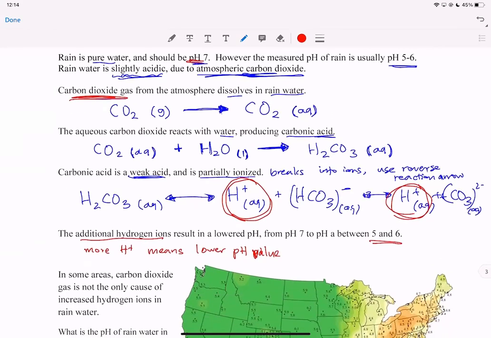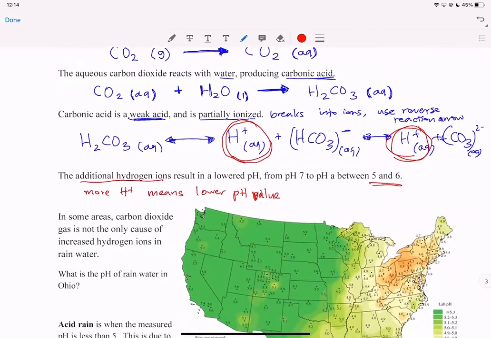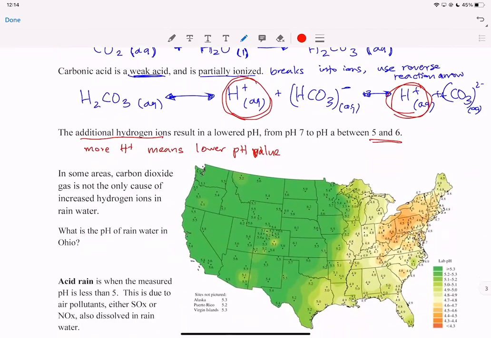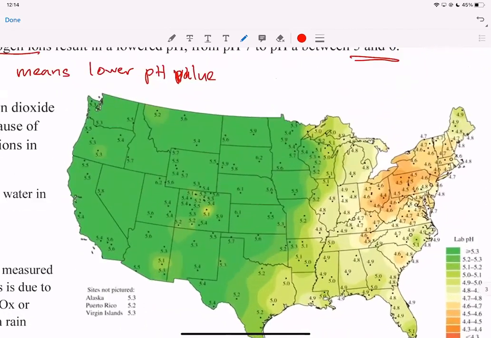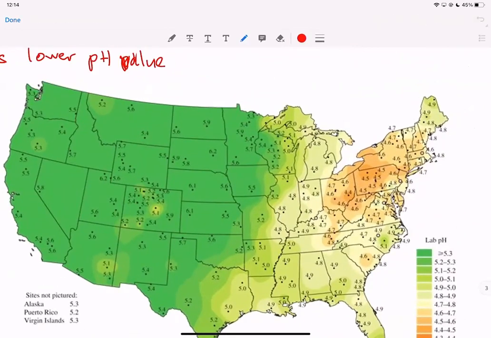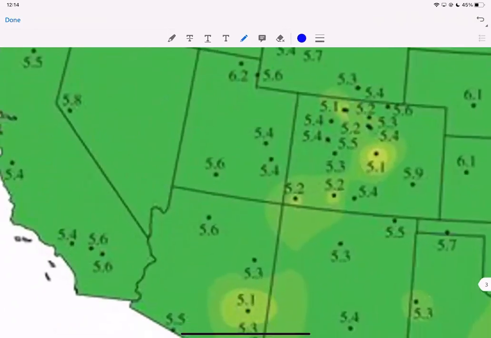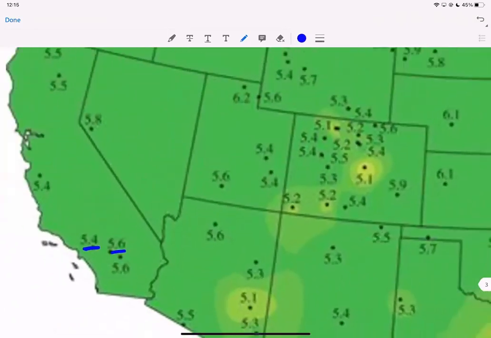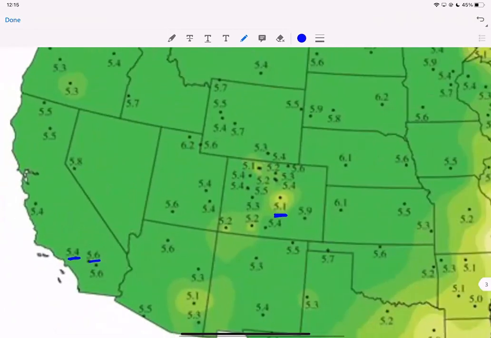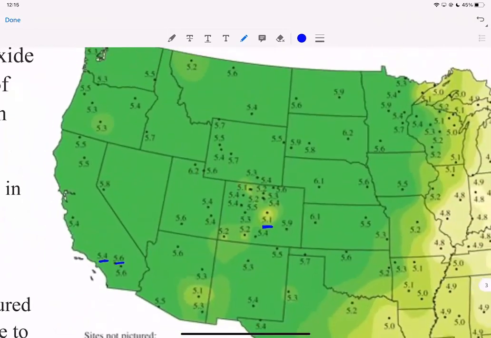And so that's why you can take samples of rain and measure them. That's what this is in the US. You can measure those samples of rain and see that here in LA, you'll have a pH of 5.4, 5.6. Colorado 5.1. You can measure samples of rain and it'll be a pH of 5 or 6.